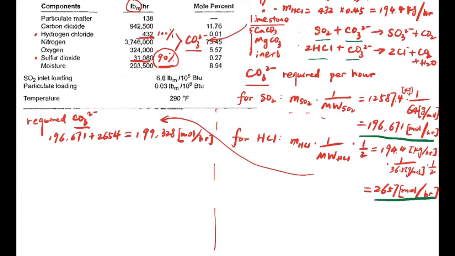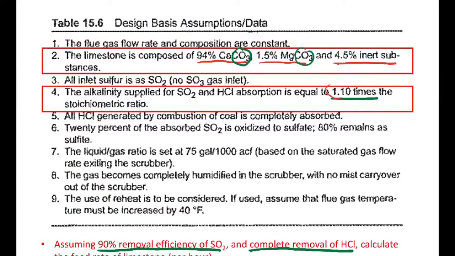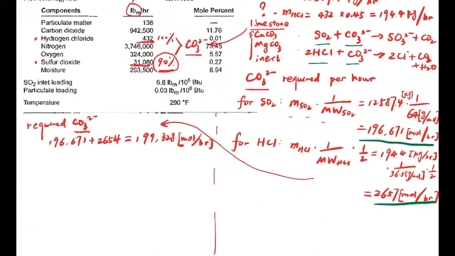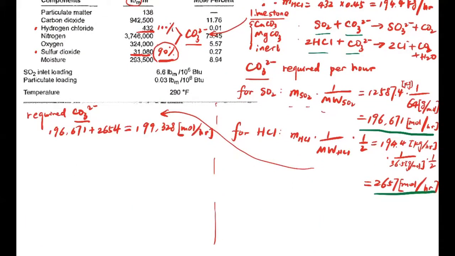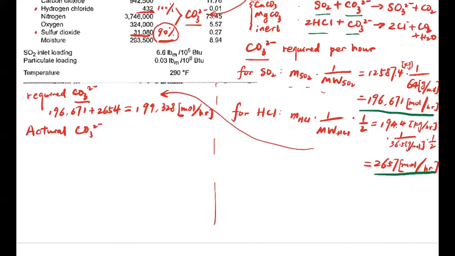Further in this problem, we assume that we will provide 10% more of the limestone, right? So we need to provide an actual amount of carbonate ions in this calculation. The actual carbonate ions needed by this reaction is going to be 199,328 multiplied by 1.1.